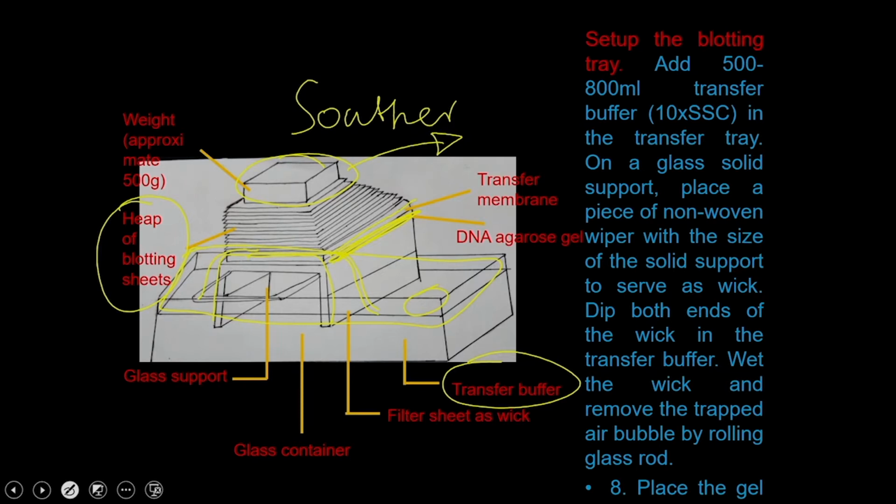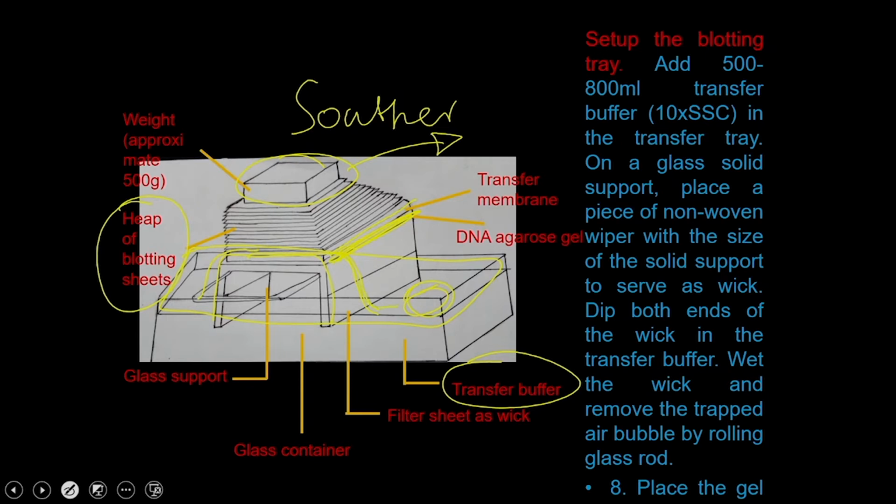Since these blotting sheets are dry, they start sucking the buffer from the nitrocellulose membrane, and from the agarose gel, and once the agarose gel dries up, it starts sucking the buffer from the Whatman filter papers, which are submerged in the tray that has the transfer buffer.